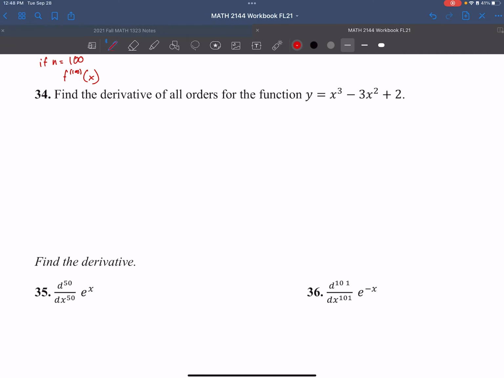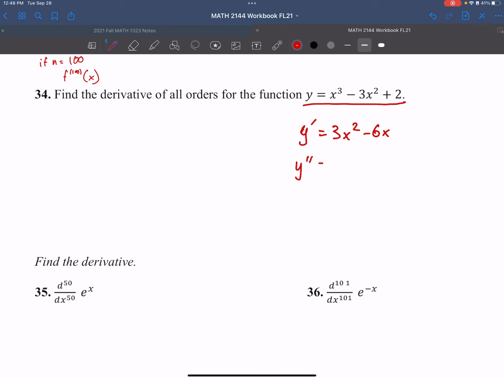So in problem 35, we're asked to find the derivative of all orders for this function. So y is equal to x cubed minus 3x squared plus 2. So y prime is equal to 3x squared minus 6x plus 0, right?